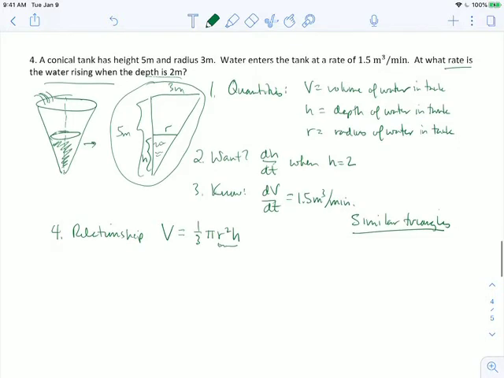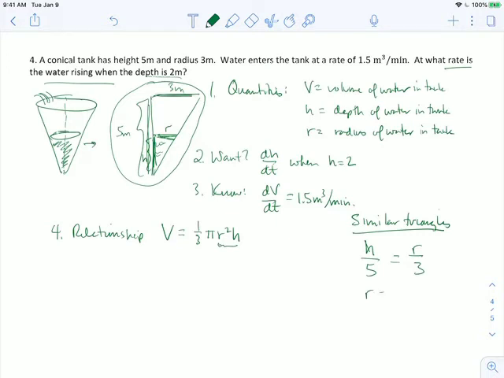And so in this case, if I look at the depths, I get h over 5, and that's going to be equal to r over 3. Now, because I'm interested in dH over dt, I'm going to substitute in for r in this equation.